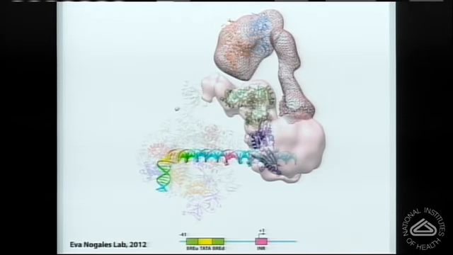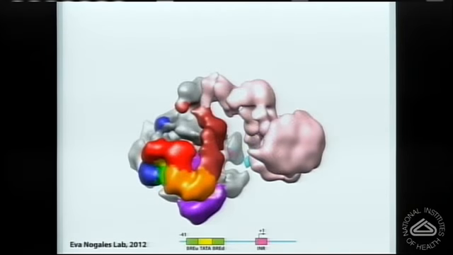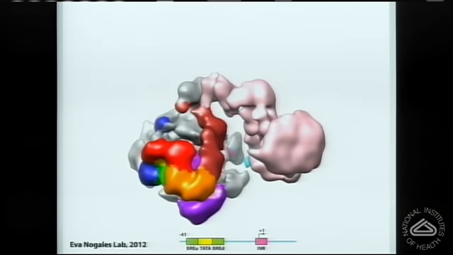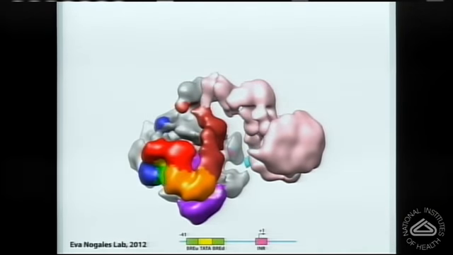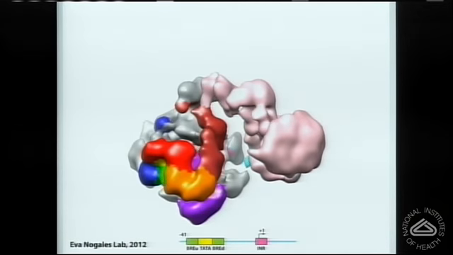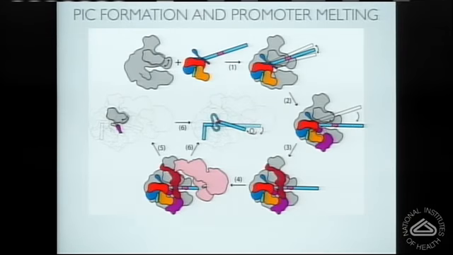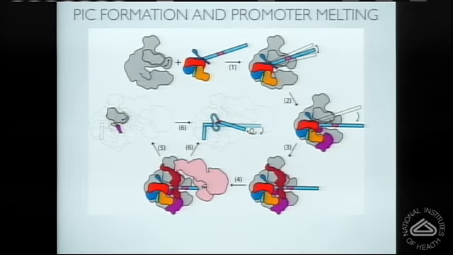So we think that, again, this whole huge complex is being used to position both the helicase activity and the kinase activity at the right place within the context of the PIC. So just a summary of what we have seen.